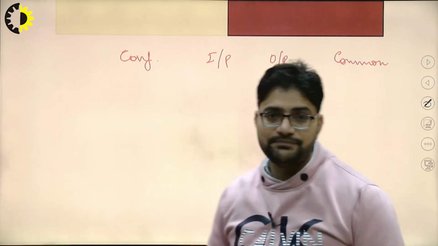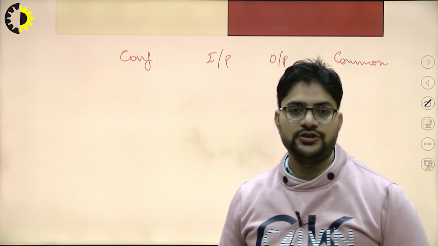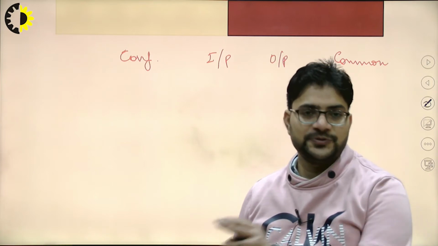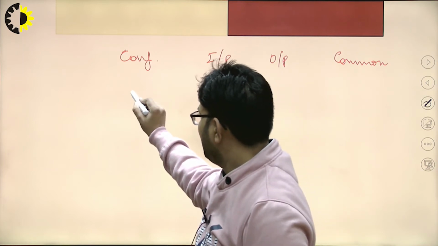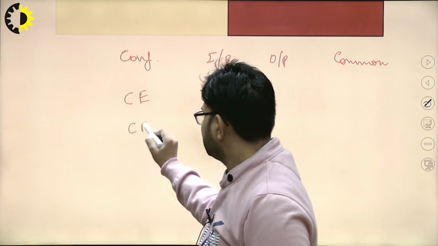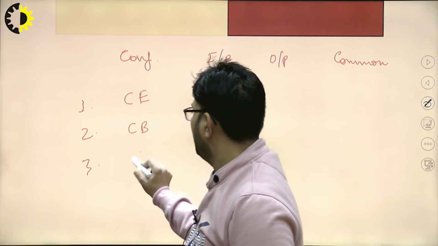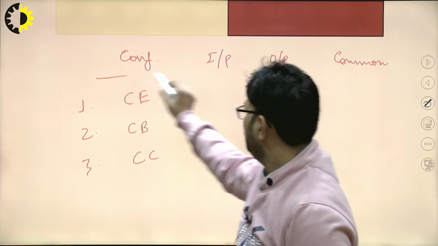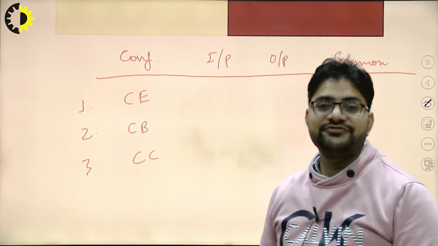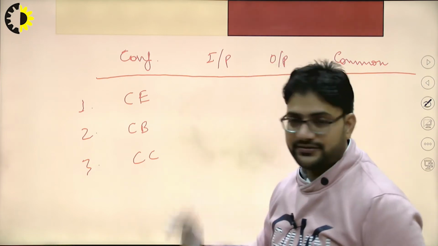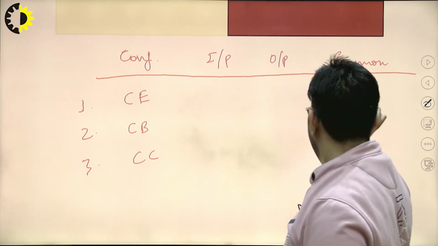I will tell you the simplest method to decide where we have to give the input for the corresponding configuration. First one is common emitter, second one is common base, third one is common collector. For the common emitter, as the name signifies, the emitter will be common, so the common side will be emitter.